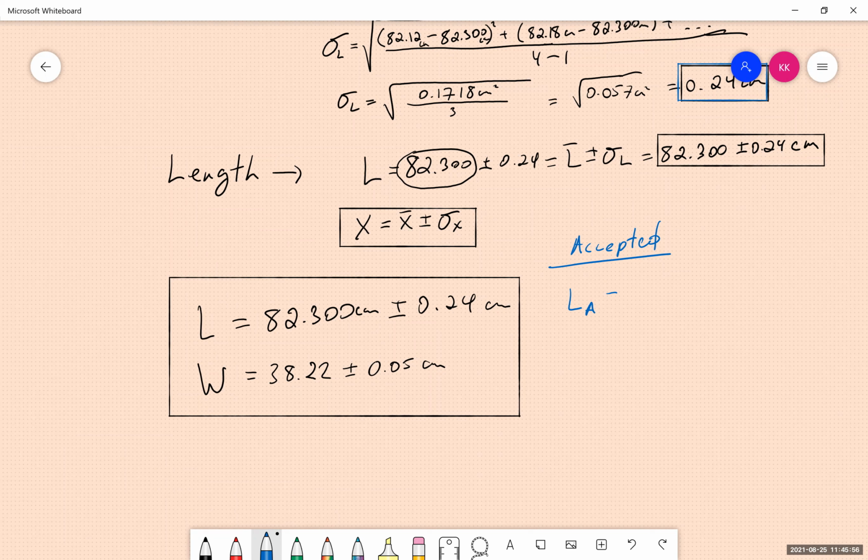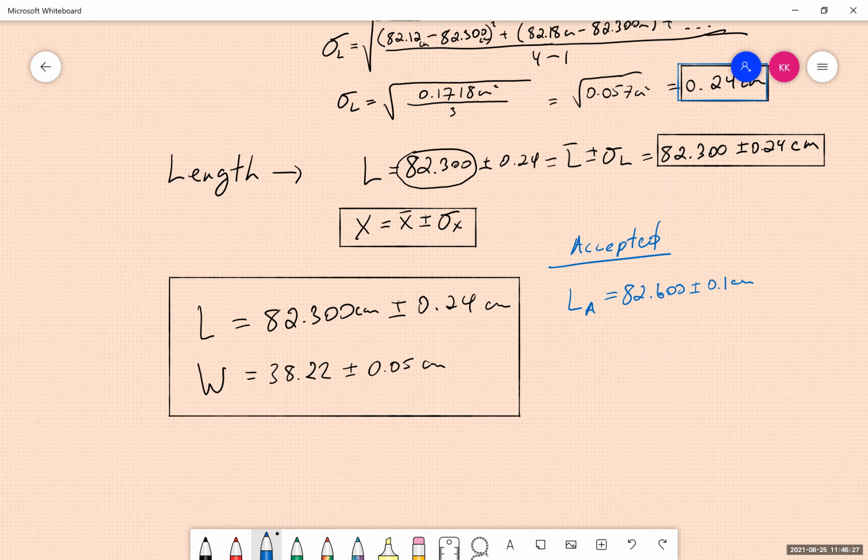Then I can say, all right, so what they did, when they measured a brand new table with no scratches, nothing like that, and a very precise instrument, they got the value of 82.600 plus minus 0.1. Let's say they got something like this. And again, you can see there is a standard deviation, there's an uncertainty in their measurements as well, because doesn't matter how accurate your instruments are, you're still going to have uncertainty because a human is doing that experiment.